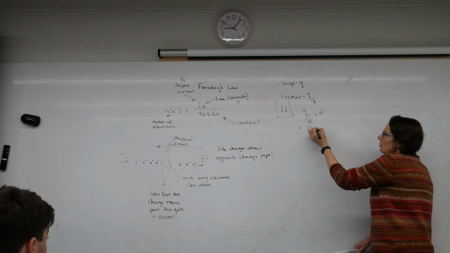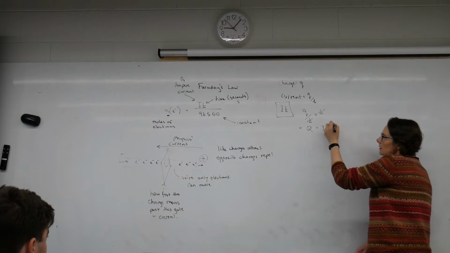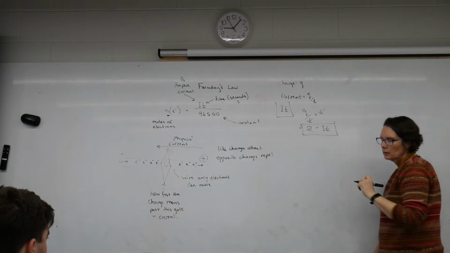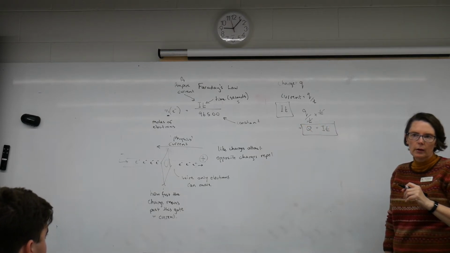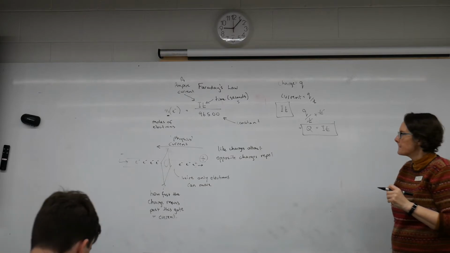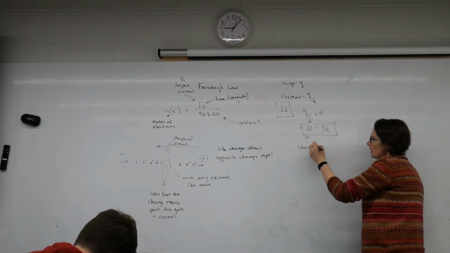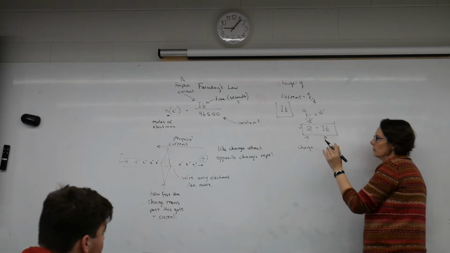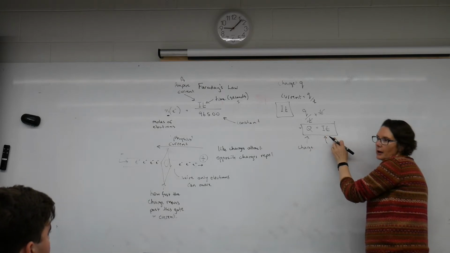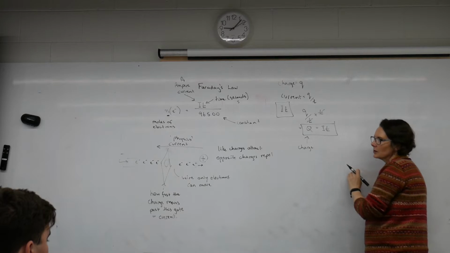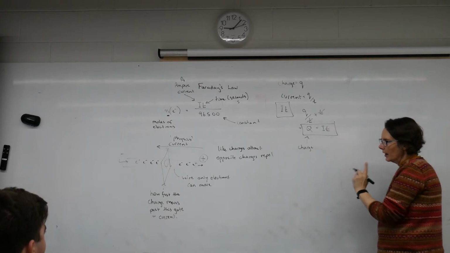So q equals It. And you might have remembered that from phys sci as well. Okay, charge. And I is the rate of movement of the charge, and t is time. Right, so that's how these relate.